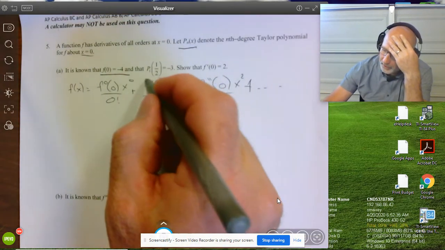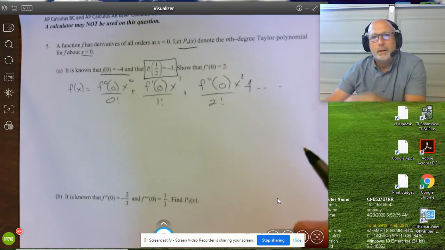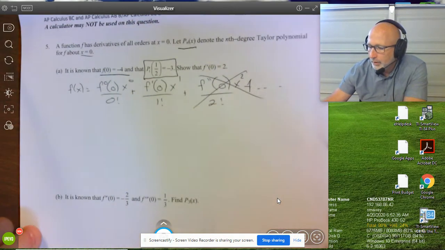But I'm going to utilize this right there. That's the first degree Taylor polynomial, so this isn't even included.